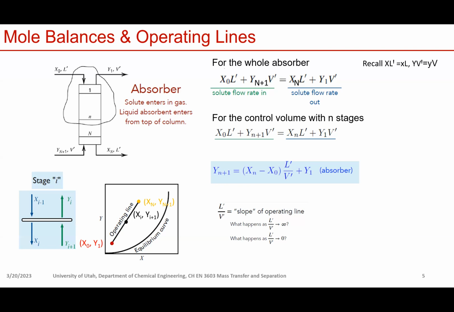Yes. So here, basically, we're looking at stage i, right? That point gives us the composition of the liquid stream leaving and the gas stream entering stage i. Okay. Now, what if from this point we draw a vertical line, right? This vertical line will cross the equilibrium curve at this orange point, right? What does this orange point mean?